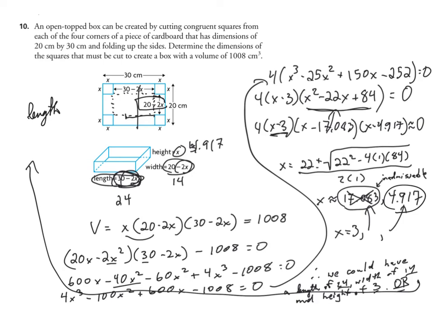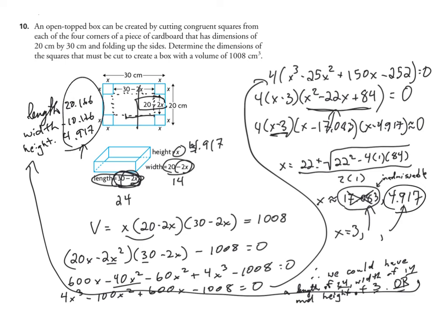So length of 20.166 approximately, width of 10.166 approximately, and a height of 4.917 approximately. And if you multiply these three together, you also get 1008 approximately. These guys have been rounded.